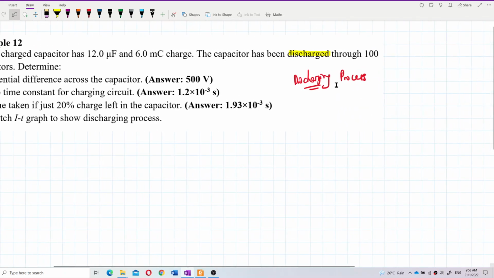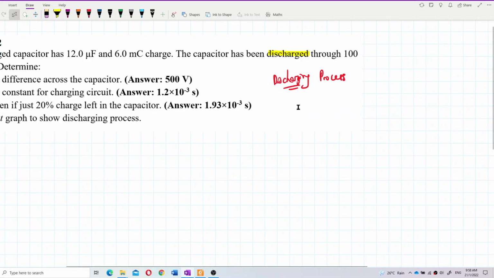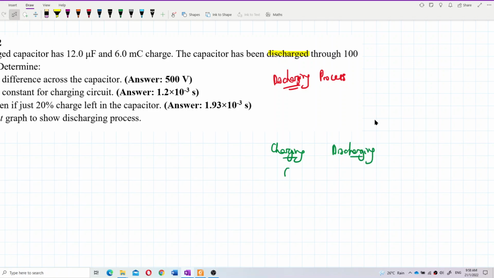Maybe I can straight away mention here: we have charging and discharging, and below that we have charge, voltage, current for both. For the charging process, the charge and voltage will go up, and only the current will go down.